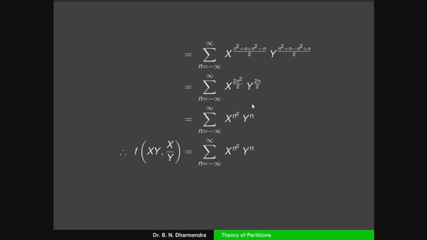So this is another representation of the theta function, we can call this one as an equation. You can remember it up to the last slide. Okay, f of x into y comma x by y is equal to summation n running from minus infinity to plus infinity, x to the power of n square into y to the power of n. Very, very important result.